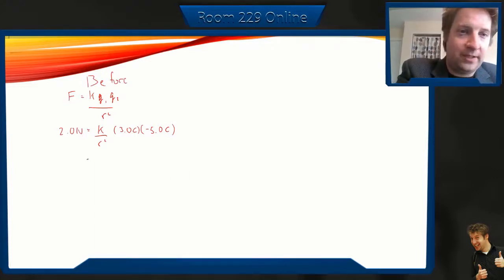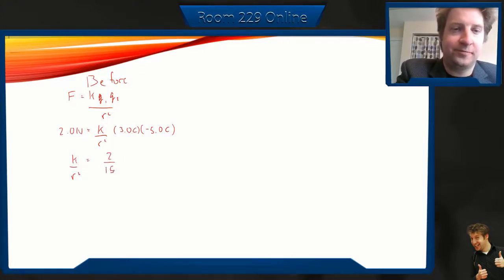So I can work this out to say that that's going to be 15, 2. So k over r squared is going to be 2 over 15. What are the units going to be? Newtons. Newton meter squared per coulomb squared, so it's newtons per coulomb squared.